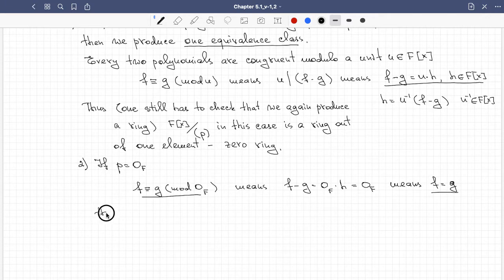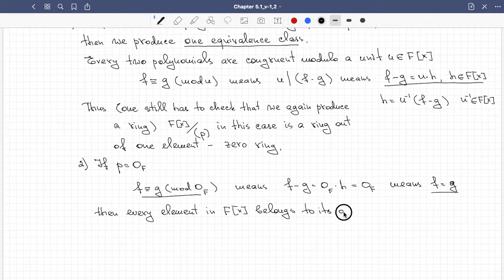Then every element in f of x belongs to its own equivalence class.